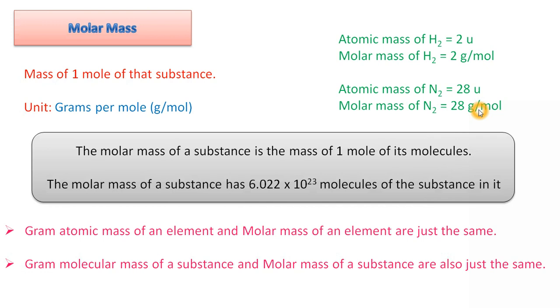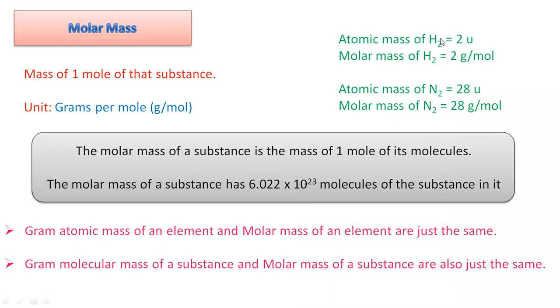So basically molecular mass represents 1 mole of a substance, and it represents the molar mass also. And how many molecules are present in the molar mass? 6.022 into 10 raised to the power 23 molecules, right? So if an element exists as molecules, for instance hydrogen, nitrogen, oxygen, chlorine, then it can have gram atomic mass as well as gram molecular mass.